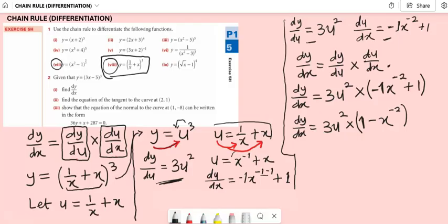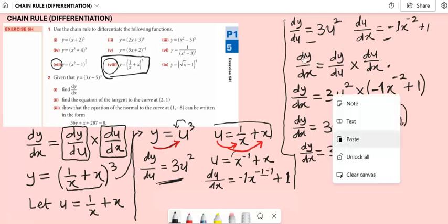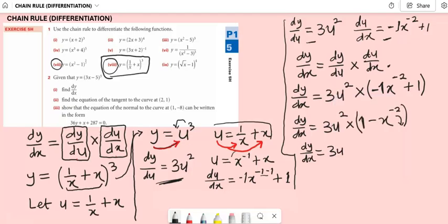So finally, I can remove this minus to become plus by bringing it down. That means my dy dx can also be equal to 3u raised to power of 2, then multiplied by 1 minus 1 over x raised to power of 2.